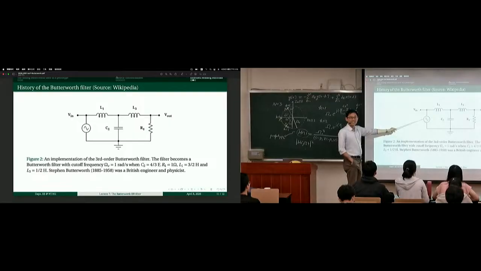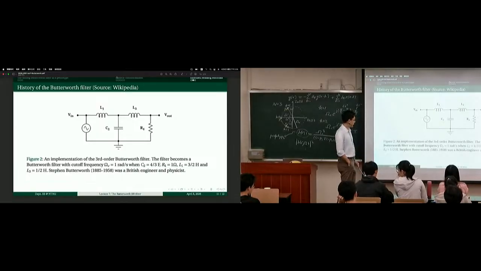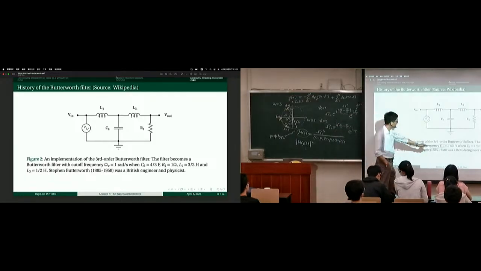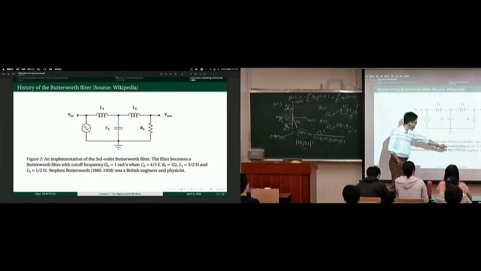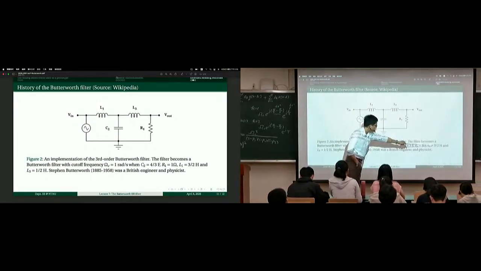This is something that you can build. You can go to any electronics shop and get 2 inductors, 1 capacitor, and 1 resistor. Seriously, I found this on Wikipedia. Seriously, if you put the capacitor equal to 4/3 farad, the resistor being 1 ohm, the inductor being 2/3 Henry.